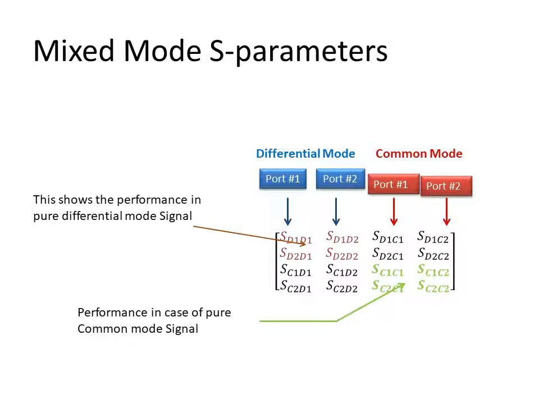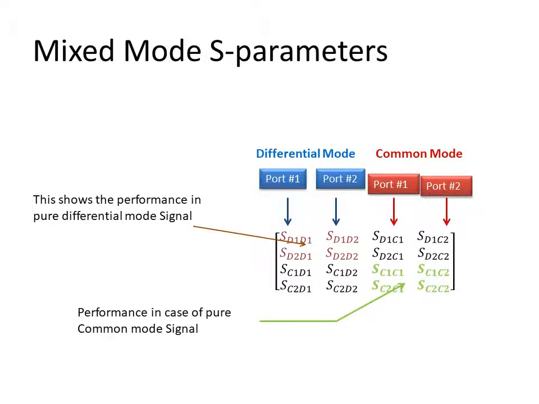See the first 2 cross 2 matrix, all the terms represent D. It means this 2 cross 2 matrix shows the performance for a pure differential mode signal. Similarly, the last 2 cross 2 network shows the performance in the case of a pure common mode signal. It means if you analyze these 4 elements, we know the performance of a differential signal applied in the network, and the last 4 elements show the performance of the network in the case of the common mode signal.